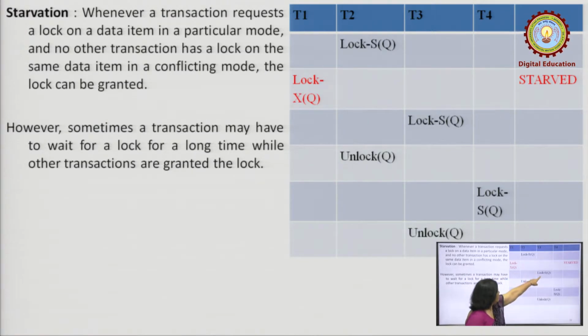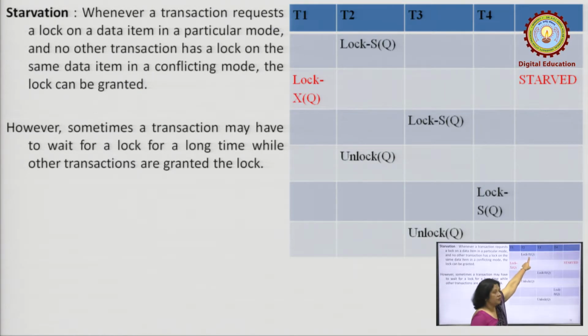In the meantime, T3 is also requesting a shared lock on Q. T2 unlocks the data item Q. So, that means it is available, but T3 has already requested a shared lock on it. So, it has got the shared lock on the data item Q.